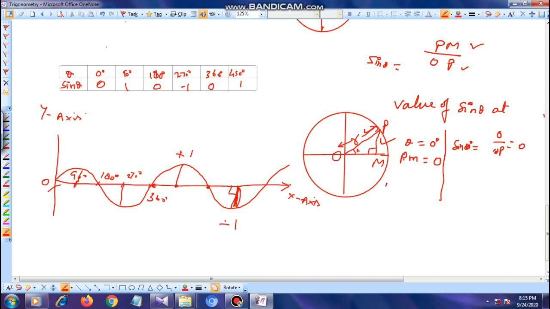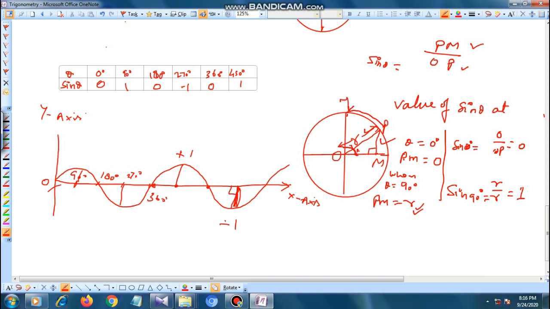And when theta equals 90 degree, it means this perpendicular PM will become R, right? So sin 90 degree equals R upon R, so this is 1. So when theta becomes 90, the point P moves and reaches the y-axis.